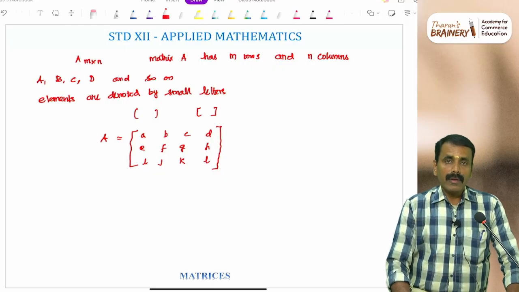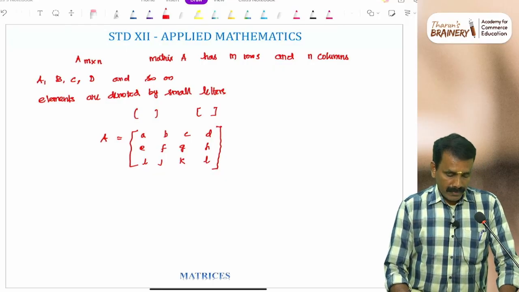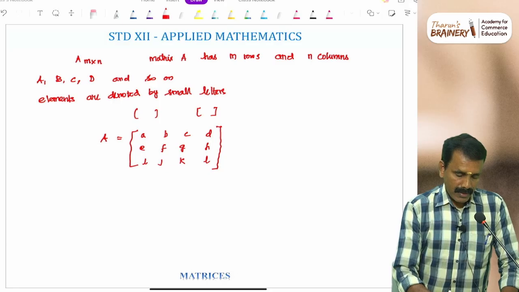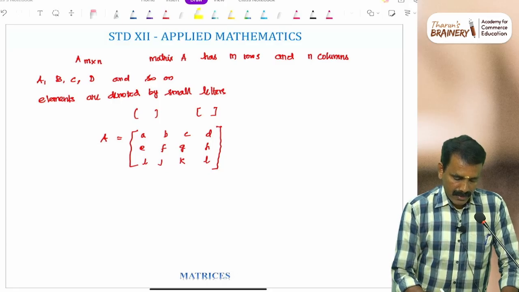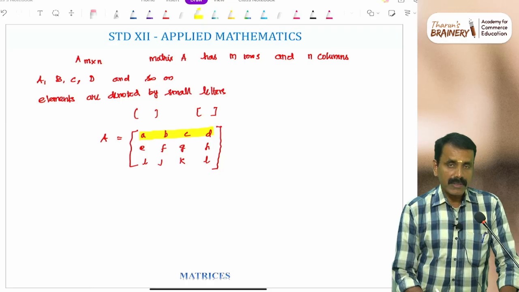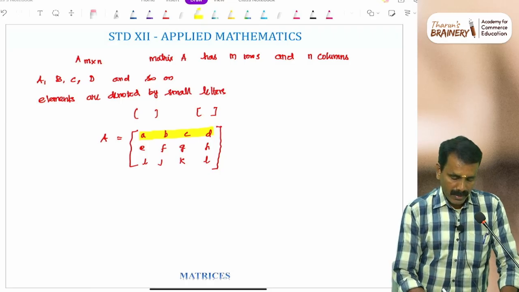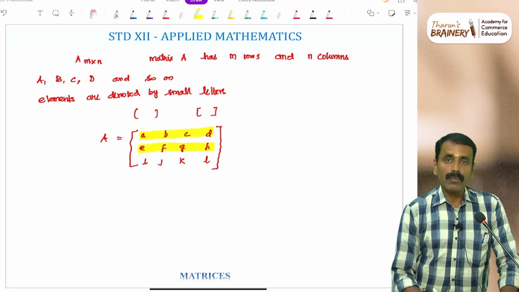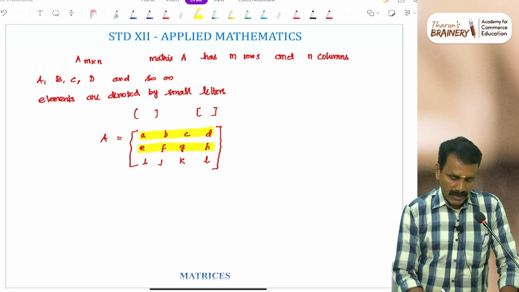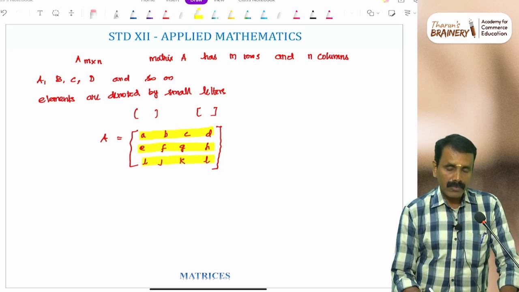Now, which is row and which is column? The horizontal arrangements are called rows. This is the first row, this is called the second row, and this is called the third row.